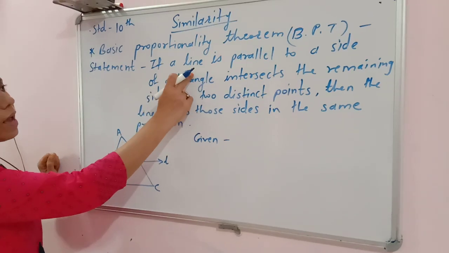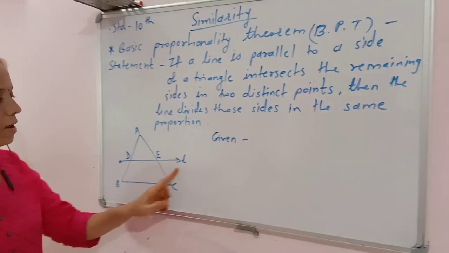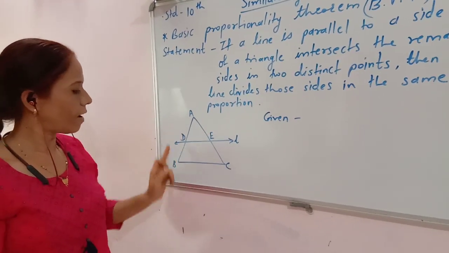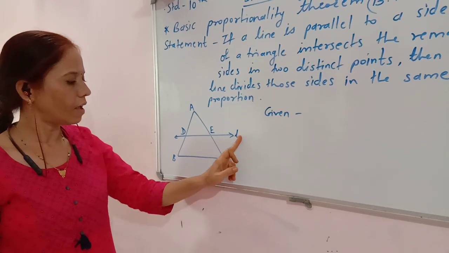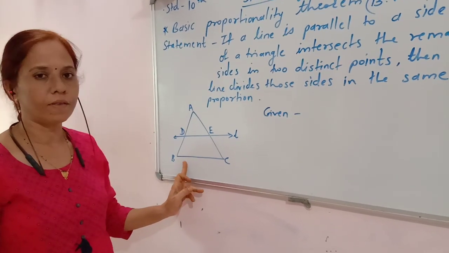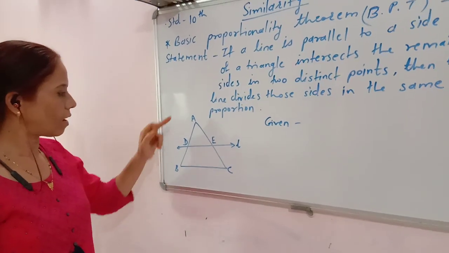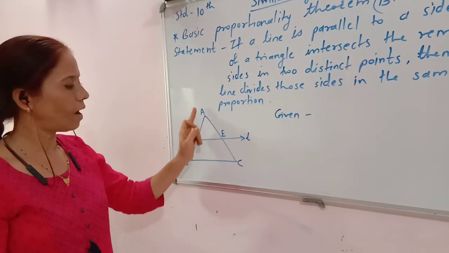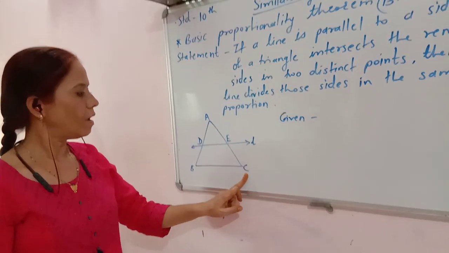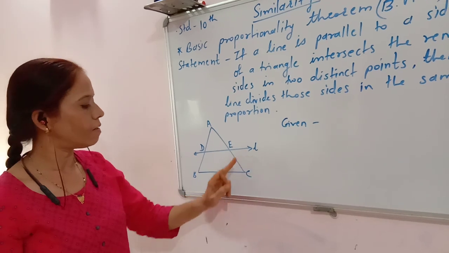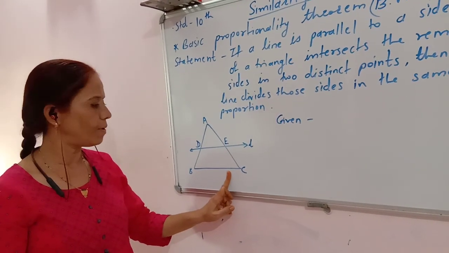Suppose here a line is parallel to a side of a triangle. Line L, here the triangle ABC is given. Line L is parallel to side BC. Which are the three sides of this triangle? AB, BC and AC. Among that, this line L is parallel to one side, that is BC.